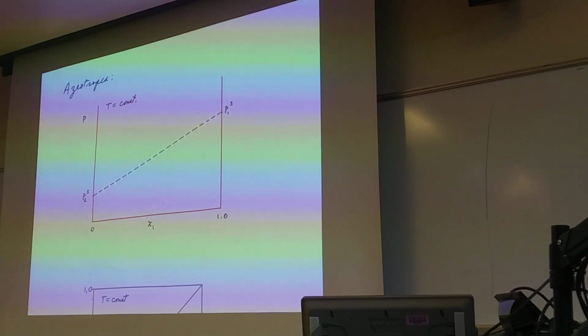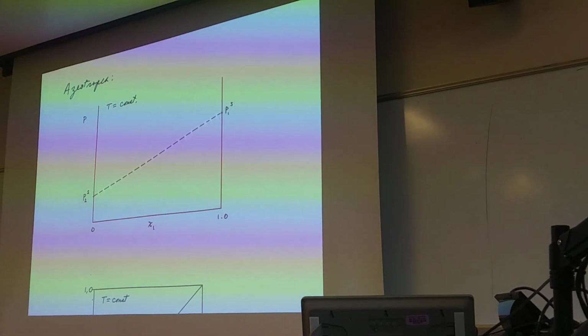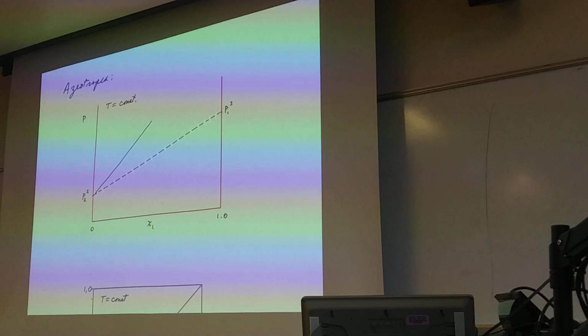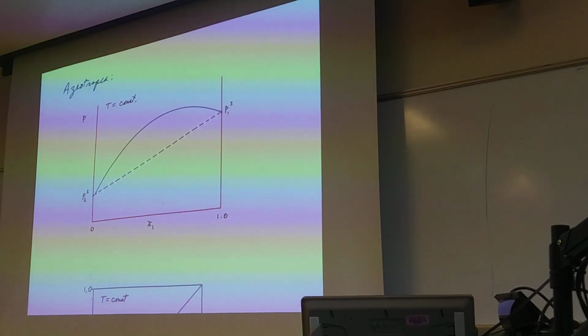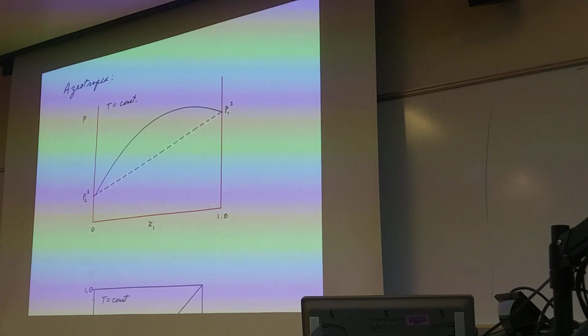So I might have something like that. Now this is different than the others in the sense that I now have a maximum here. And that really is important. It gives us some interesting kinds of behavior.